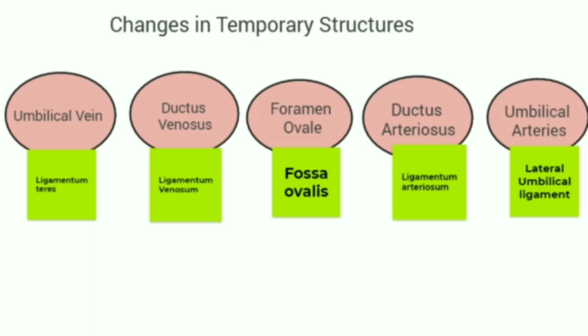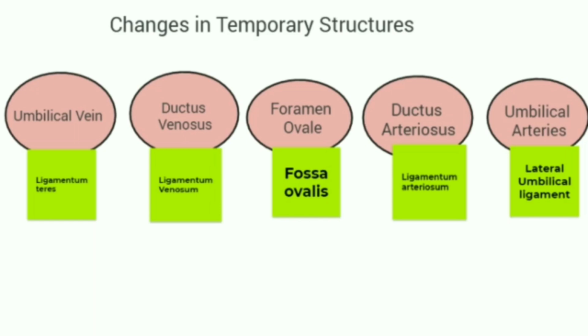Another important thing is that during fetal life, the cardiac output of the fetus is around 350 ml per kg per minute. It is due to the blood coming from the pulmonary artery through the ductus arteriosus, and the blood from the left ventricle.